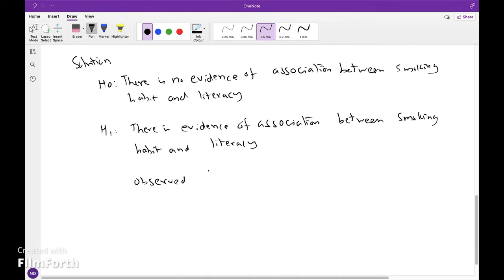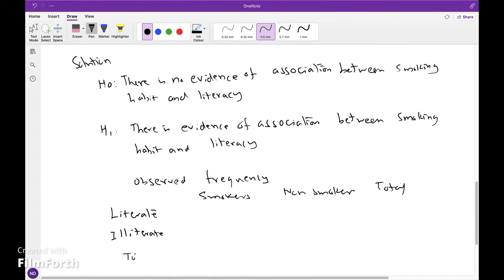First find the observed frequency table. Literate, illiterate, smokers, non-smokers, then total.